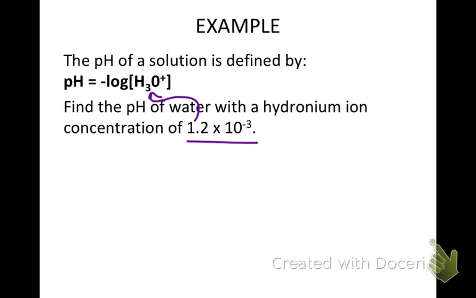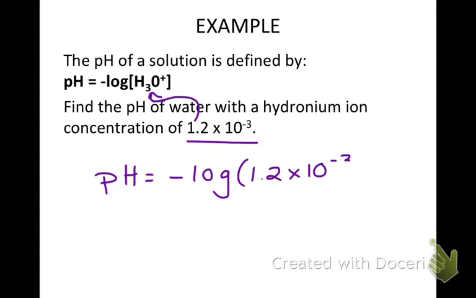So my pH is equal to the negative log of 1.2 times 10 to the negative 3 power. What does 1.2 times 10 to the negative 3 power look like as a decimal? 0.0012. Yeah, so we need to move our decimal 3 places to the left. So that's 1, 2, 3. So that means I'm going to put 2 zeros in front.